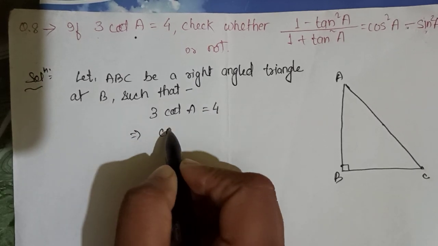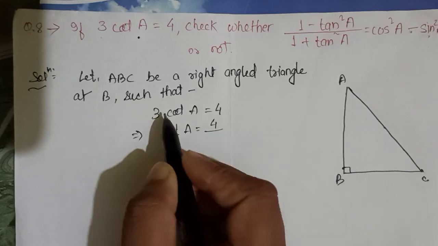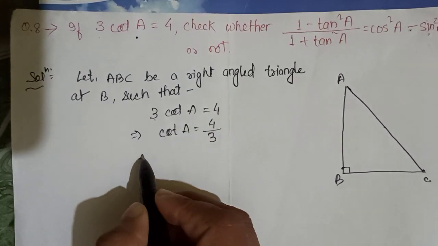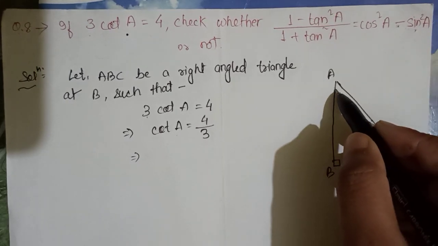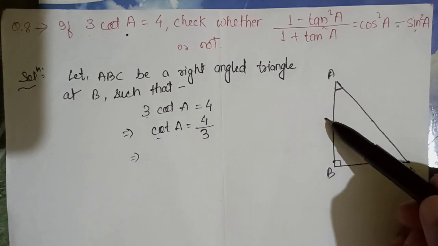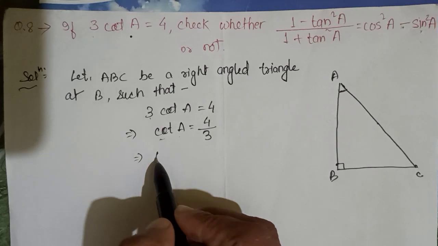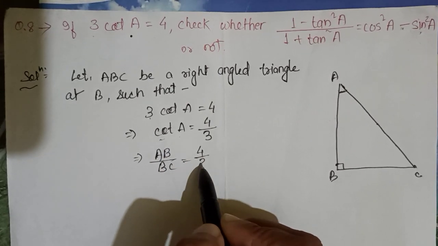This implies that cot A equals 4 divided by 3. The 3 was multiplying here, and if you bring it to this side, it becomes divide. Now again we have to use the formula for cot. If I see from A, cot will be adjacent by opposite. Adjacent will be AB, this AB will be my adjacent side. Opposite will be BC. So AB by BC equals 4 by 3.